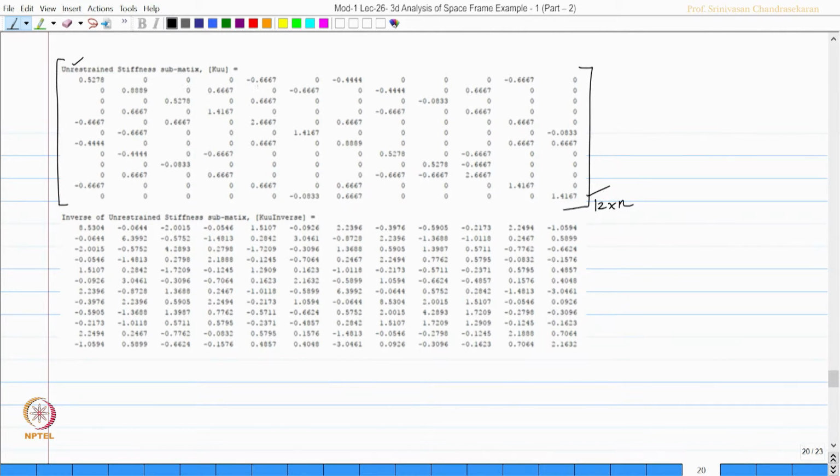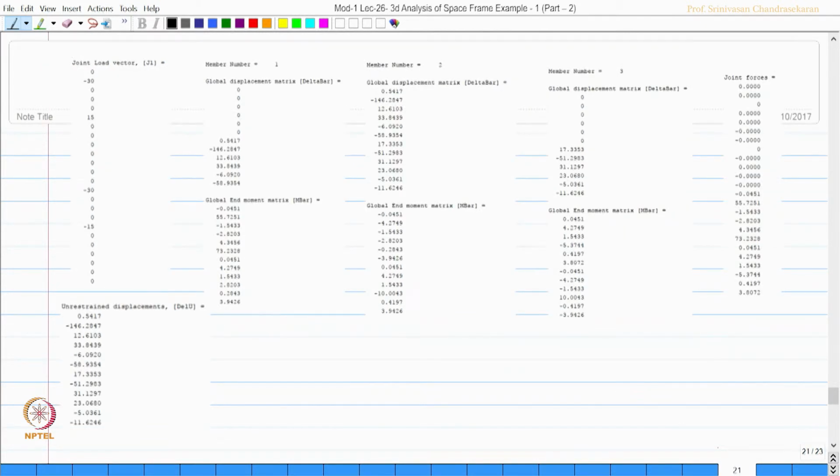I take the inverse of this. So, I will get a multiplier, K U U inverse, 1 by E I, with E I out, this is K U U. I get the inverse. Once I get this, I have my joint load vector.